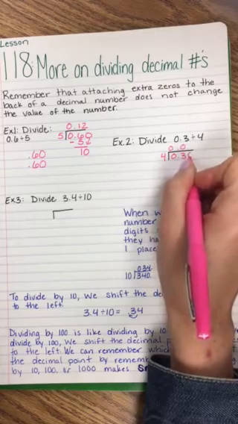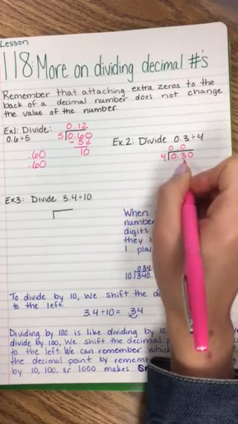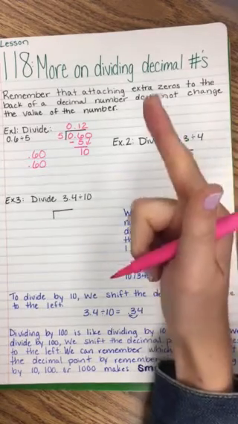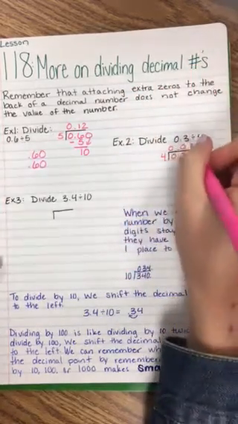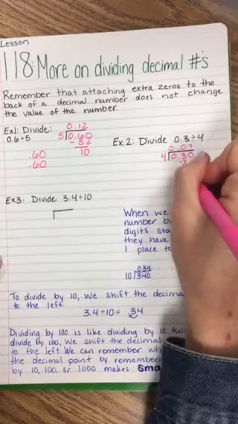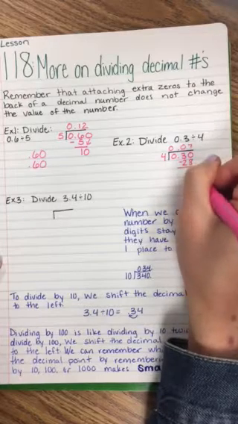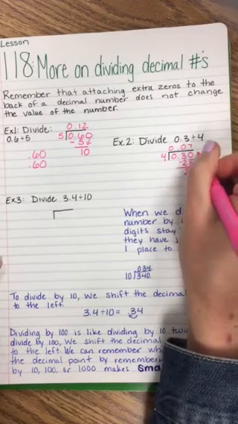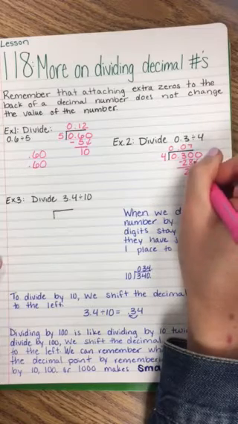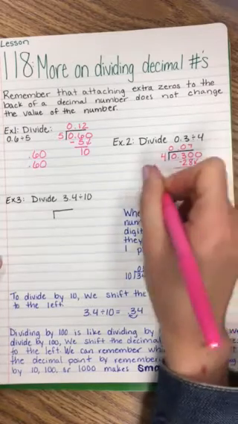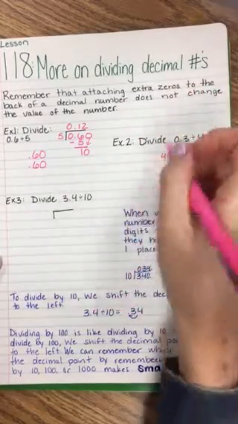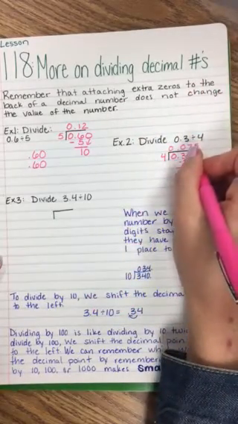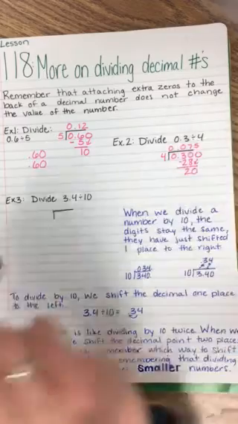So then we've got to add our 0, and then we say 4 can go into 30. 4, 8, 12, 16, 20, 24, 28. 7 times, minus 28. Then you have 2 left over, add another 0, okay, doesn't change anything, bring the 0 down. 4 can go into 20, 4, 8, 12, 16, 20. 5 times, so our answer is 75 thousandths.